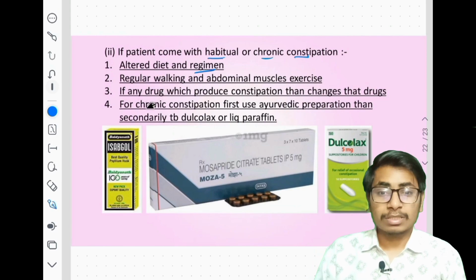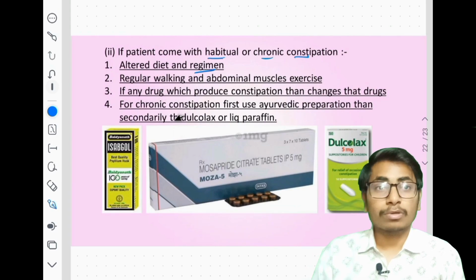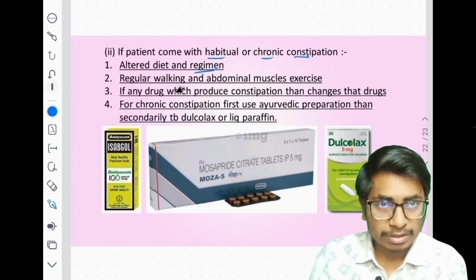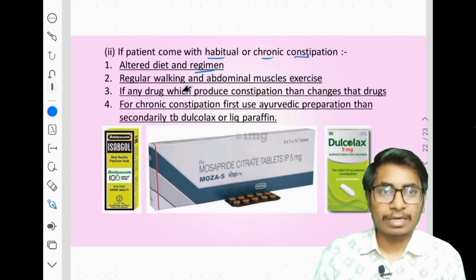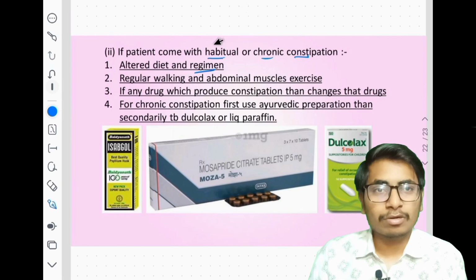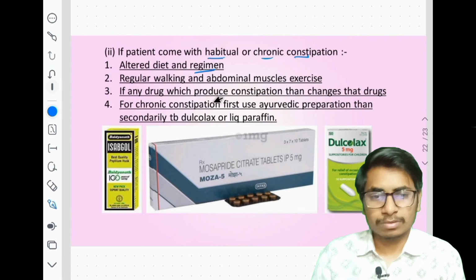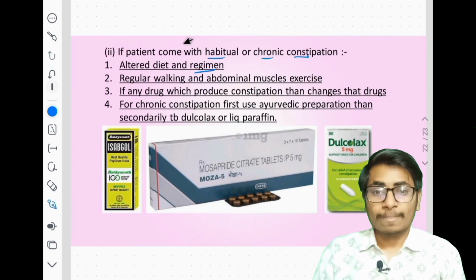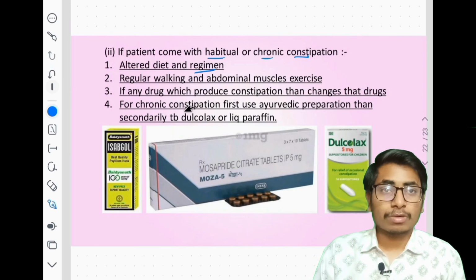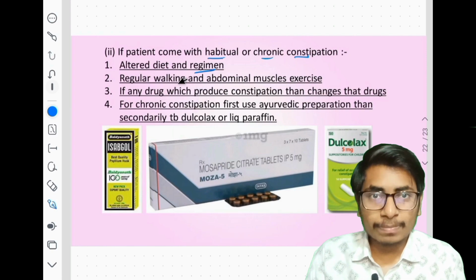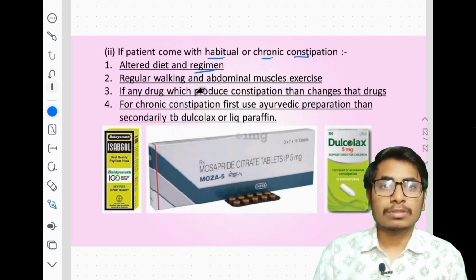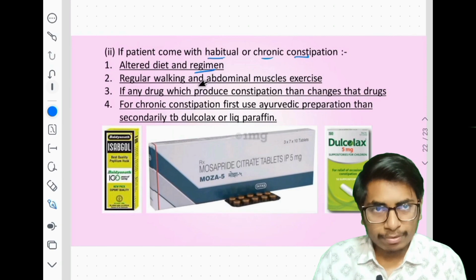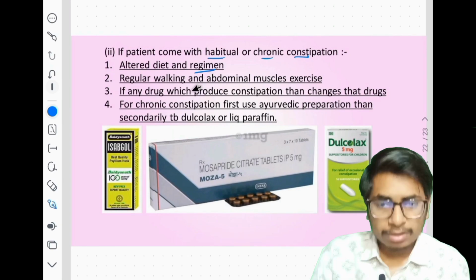And then if the person takes any drug which produces constipation, for example an anti-hypertensive drug, any antacid, or iron, that kind of drug is changed, and the person may recover from that constipation. For chronic or habitual constipation, we must first use an Ayurvedic preparation, for example isabgol powder or any Ayurvedic churan.